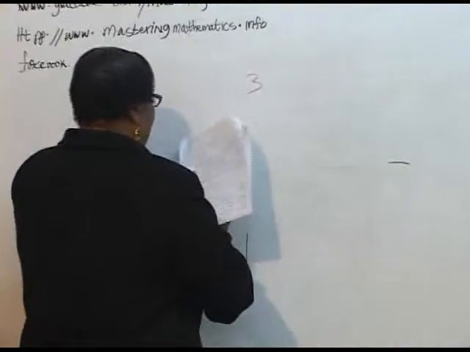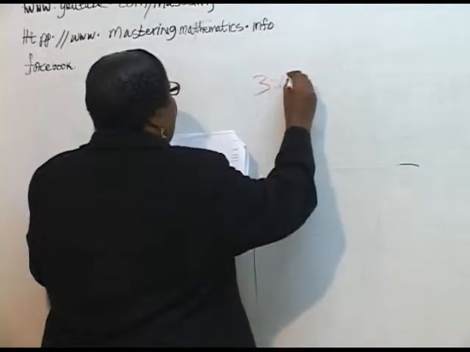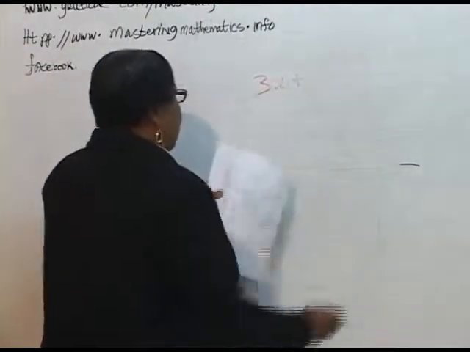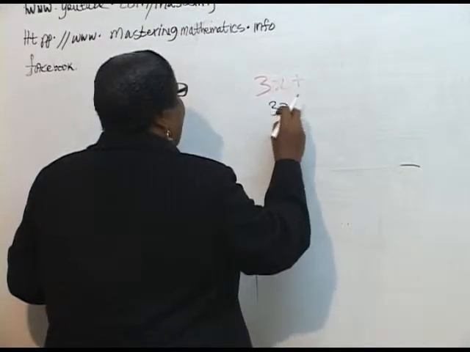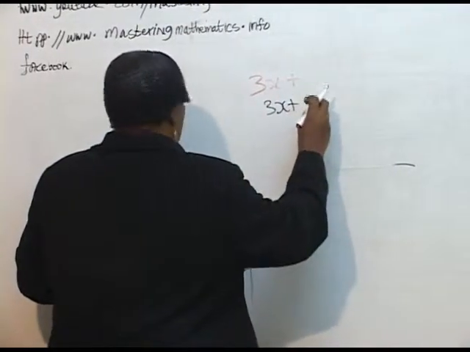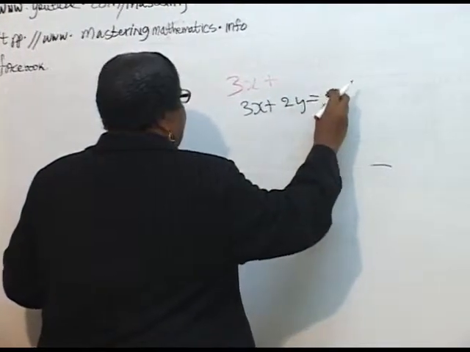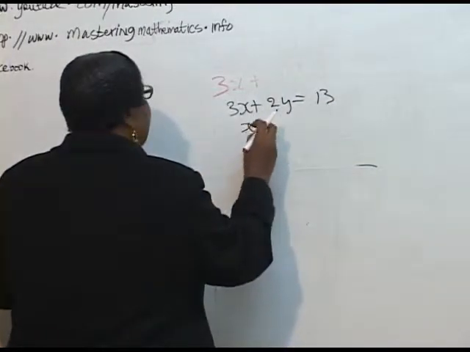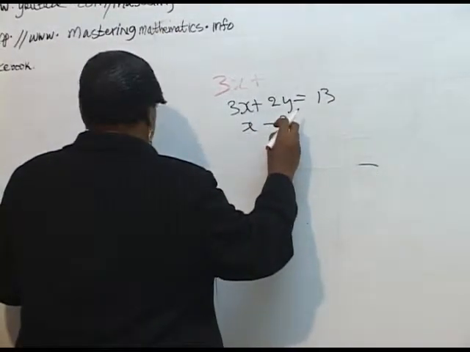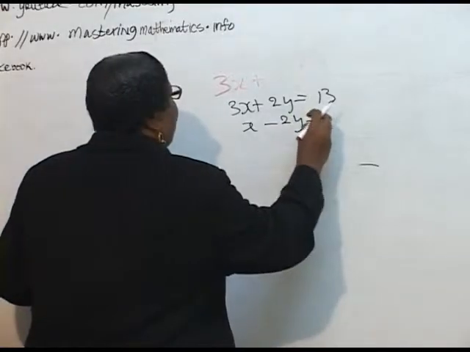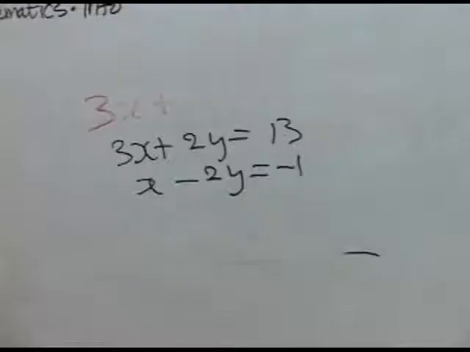So this is now 3x plus 2y is equal to 13, and x minus 2y is equal to -1. And we are asked to solve the simultaneous equation.